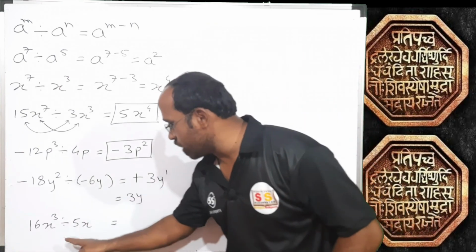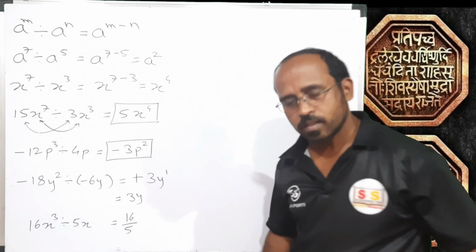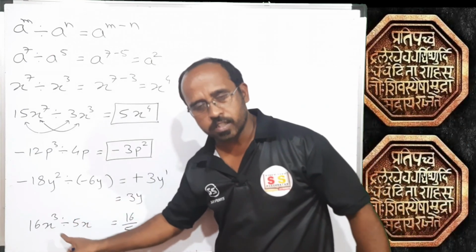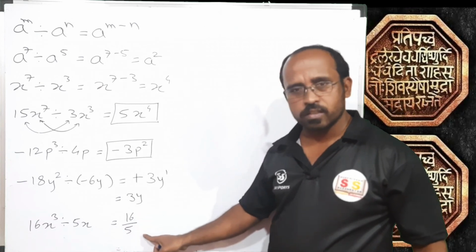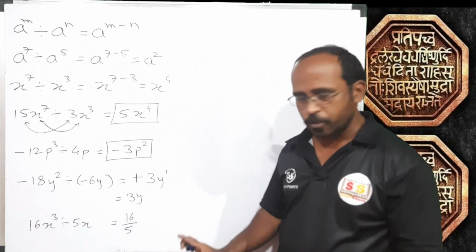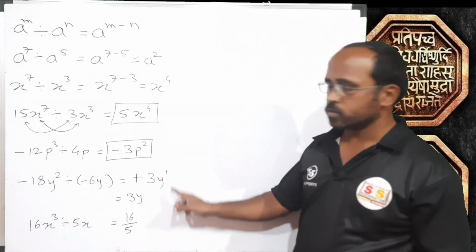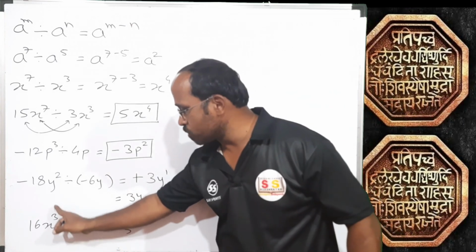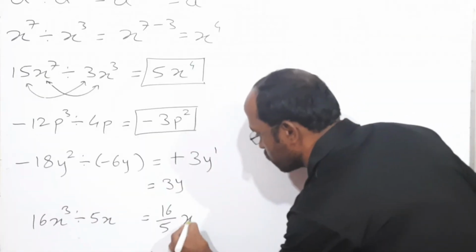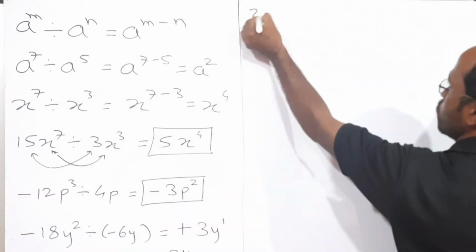So 16 divided by 5 can be written as 16 upon 5. So this is the answer of this division. Fraction is nothing but numerator divided by denominator. Please remember, it's minor but one of the most important, because we have to use it in later examples. So x raised to 3 minus 1 is equal to x square. Got it, students? I hope you understand it better.